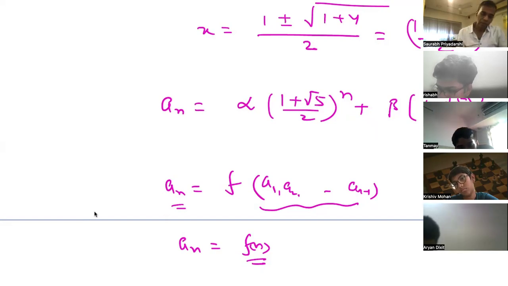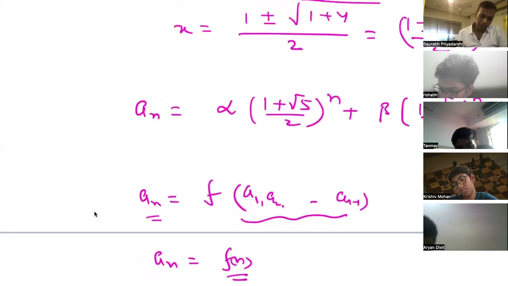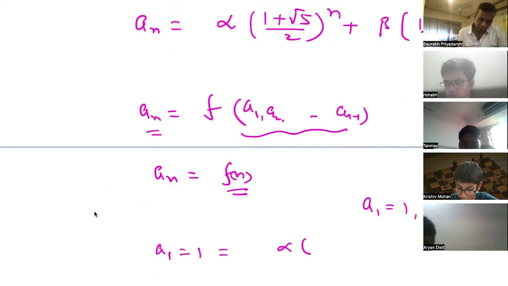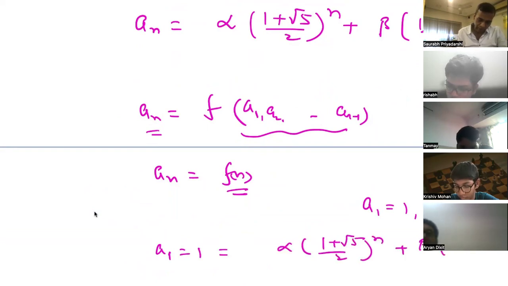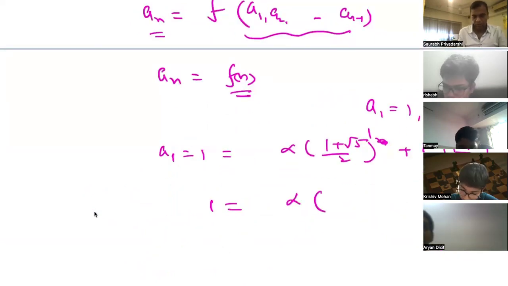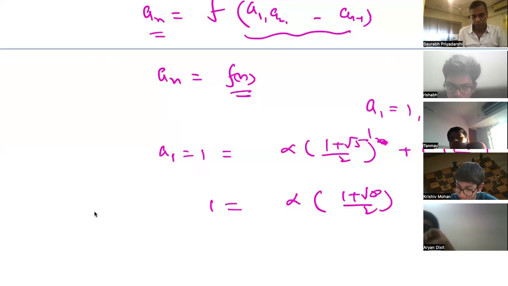Right? So now we have to find the values of alpha and beta. A1 was 1, A2 was 1. So 1 is equal to alpha times (1 plus root 5 by 2) plus beta times (1 minus root 5 by 2), and the second one, 1 is equal to alpha times (1 plus root 5 by 2) squared plus beta times (1 minus root 5 by 2) squared.